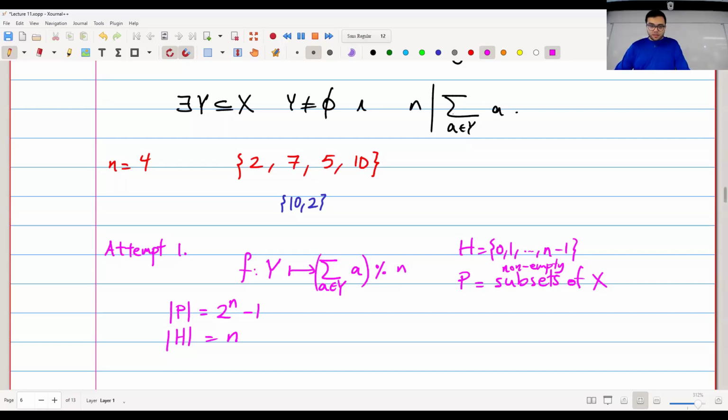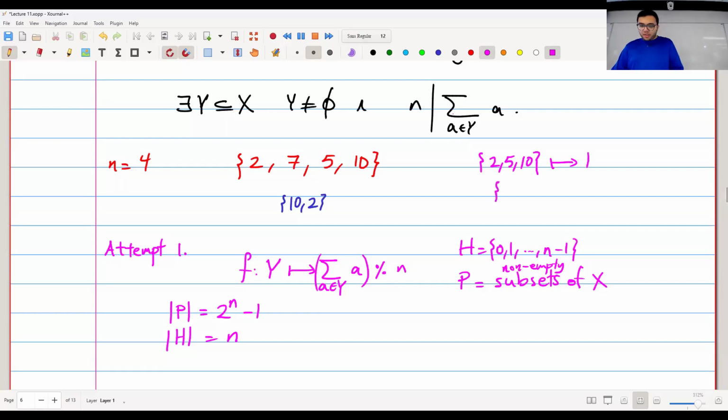So let's do an example here. Let's look at some of the subsets here and see what they're mapped to. So for example, if I take the subset 2, 5, 10, what is the sum here? 17. What is 17 modulo 4? If I take the remainder of 17 modulo 4, it's 1.